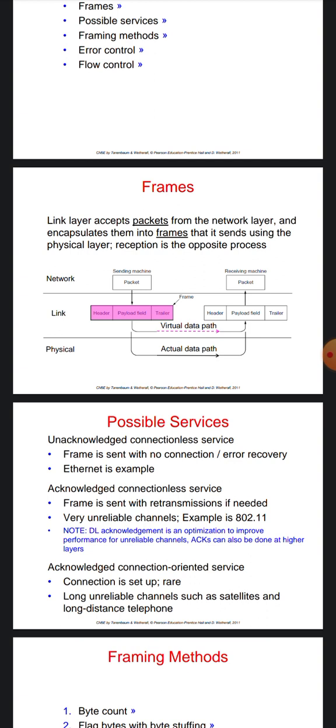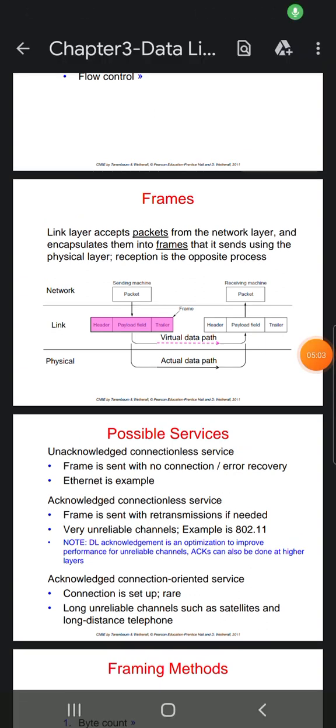Then it is sent using the physical layer, that is the actual data path, and then it is received at the receiving machine in the link layer. At the receiving machine, the frame is decoded as header, trailer and payload field, and then it is received in the network layer as packet.